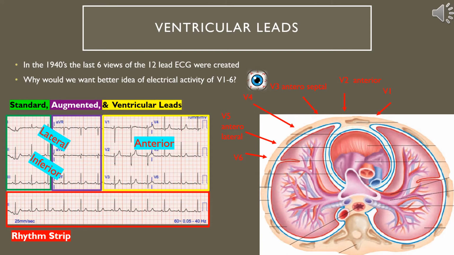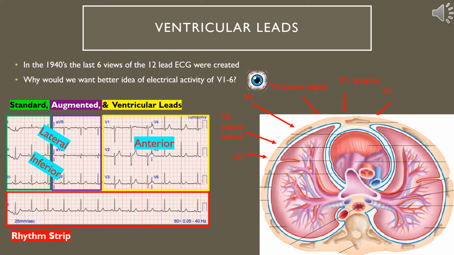distribution, and so generally what we say when we're looking at the V leads is we're looking at the progression of the QRS and other waves. As we look through the leads, you can see how the QRS changes from V1 to V6, in that it's really far down and then it slowly goes to an upwards motion.